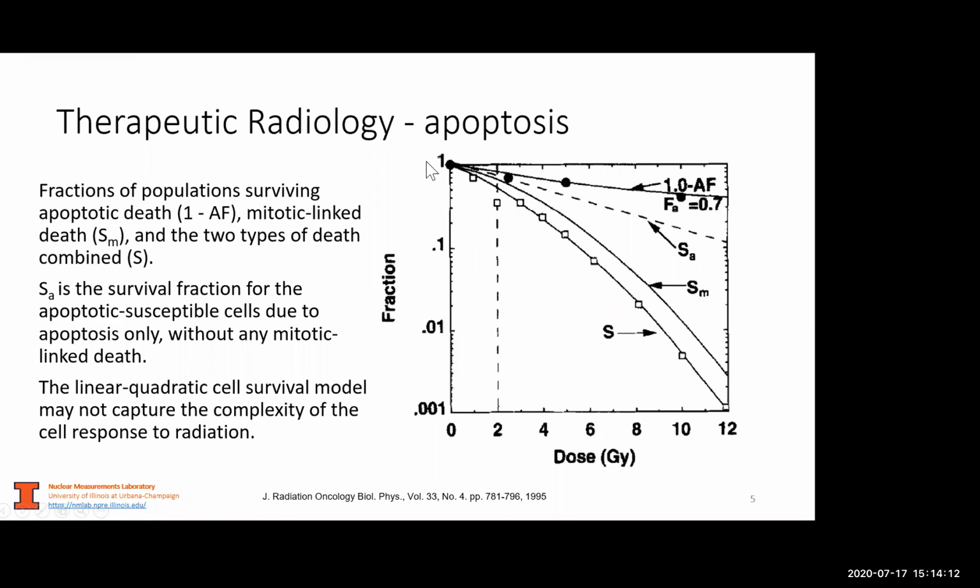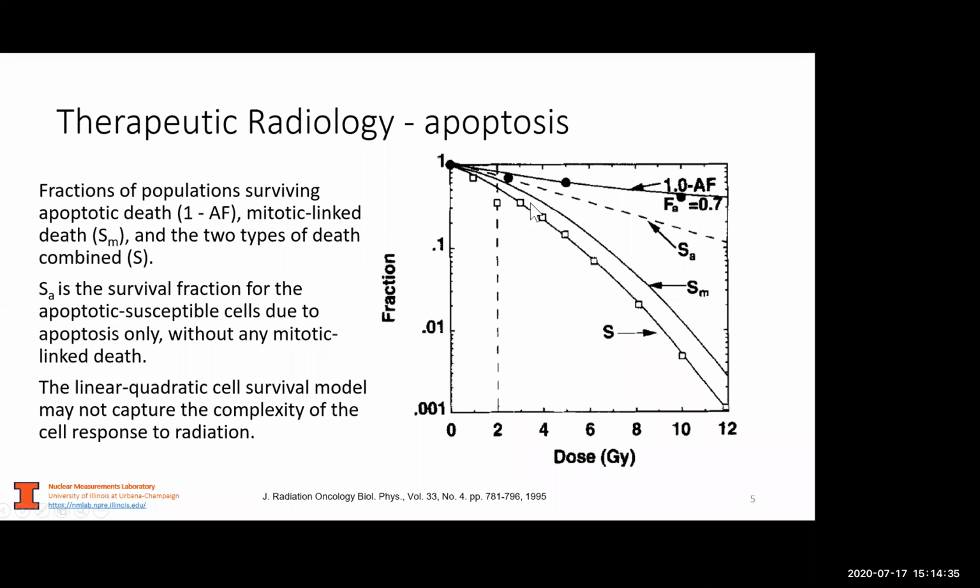When radiobiologists design treatment plans, they mostly refer to this graph that you see on the right side of the slide. This tells us the fraction of cells that survive as a function of dose.